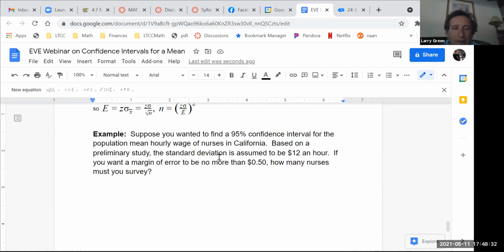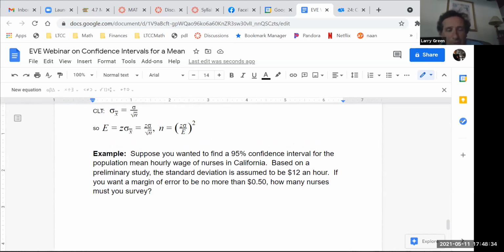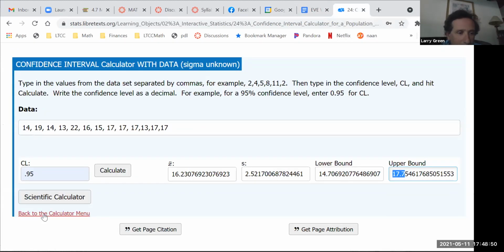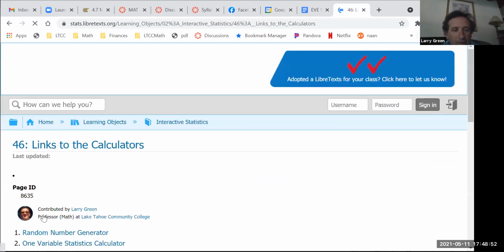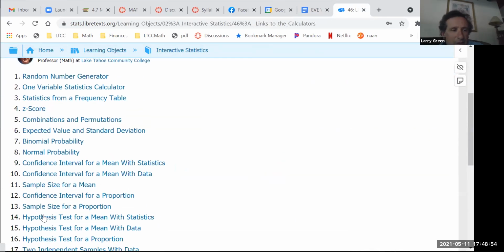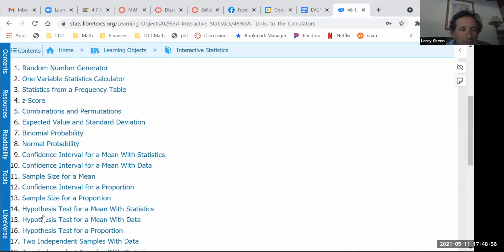Okay, so there's the hard way of doing it, and that is put it into this formula, put it in your calculator, work it out, and there's going to be multiple formulas. On Thursday, we'll have more of them. But the easier way of doing it, except that I got in trouble for it, is to use our calculator. So I'm going to go back to the calculator. Which calculator do you think I need to use?